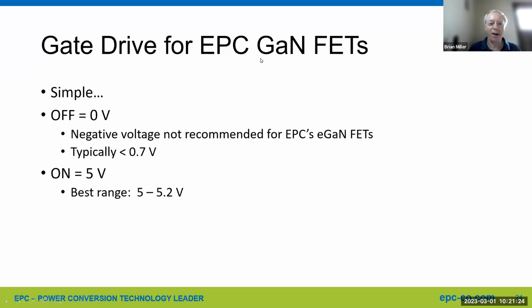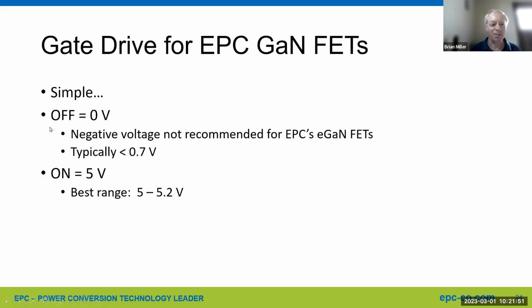Now just a note, there are various GaN FETs on the market, and not all, but a lot of them have different kinds of gate drive requirements. There's depletion mode GaN FETs, there's some with different gate structures, different voltages for being fully enhanced and so forth. So this talks strictly about the EPC eGaN FETs.